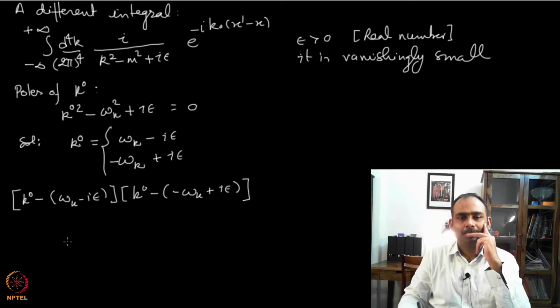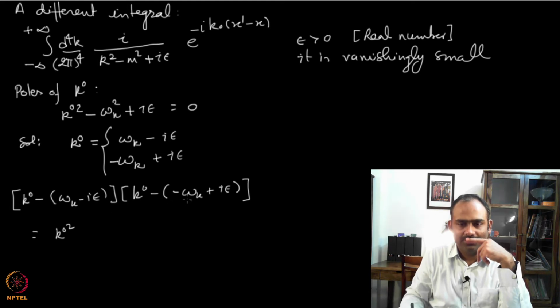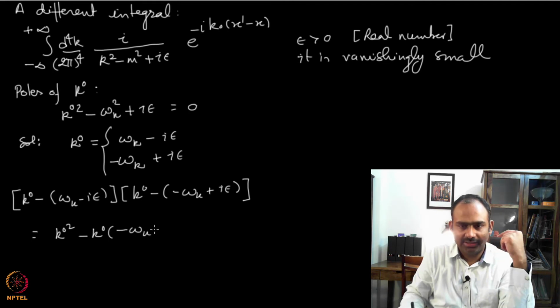Okay. So, this is k0^2, and then when you multiply this piece with the k0, you get minus k0 times (minus omega_k plus i epsilon).